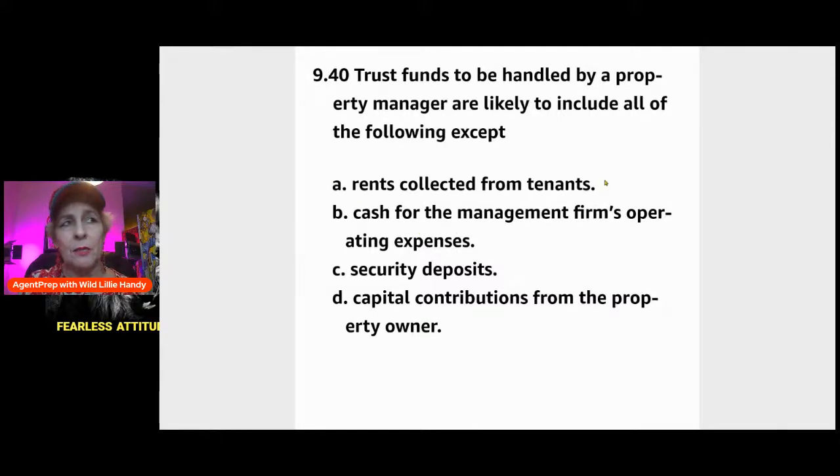They're not rents collected from tenants, they're not security deposits, and they're not capital contributed from the property owner. A, C, and D are kept in trust funds. B is kept in their own separate business operating account. So yes, very good. 40B.